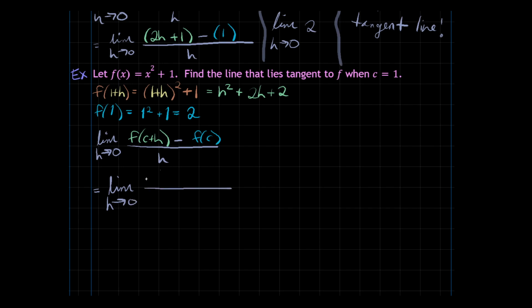F of c plus h is going to be h squared plus 2h plus 2. F of c is 2. All that is over h. Then what happens? Up here in the numerator, these 2's are going to go bye-bye. So then we've got an h squared plus 2h up top.